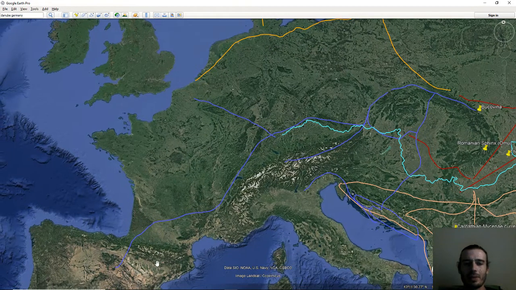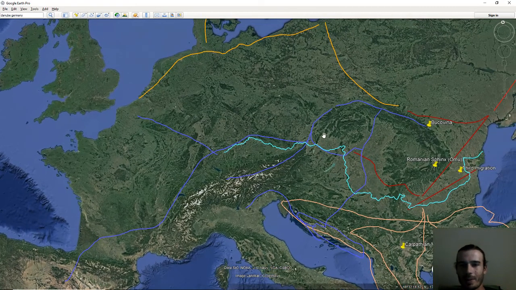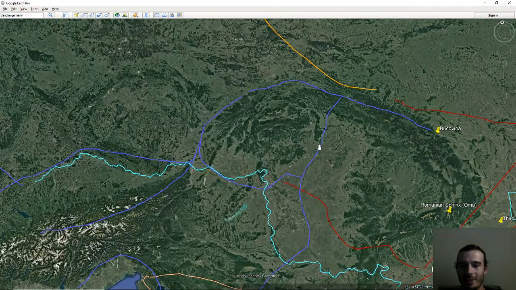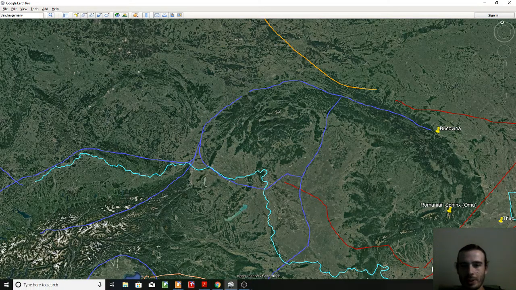And I believe these are the Pyrenees, but I'm not sure. So everywhere there was plains and fertile land, they colonized all of Europe. Some of them settled in this area by the Tisa. And this current is characterized by the darker blue lines, which I drew.